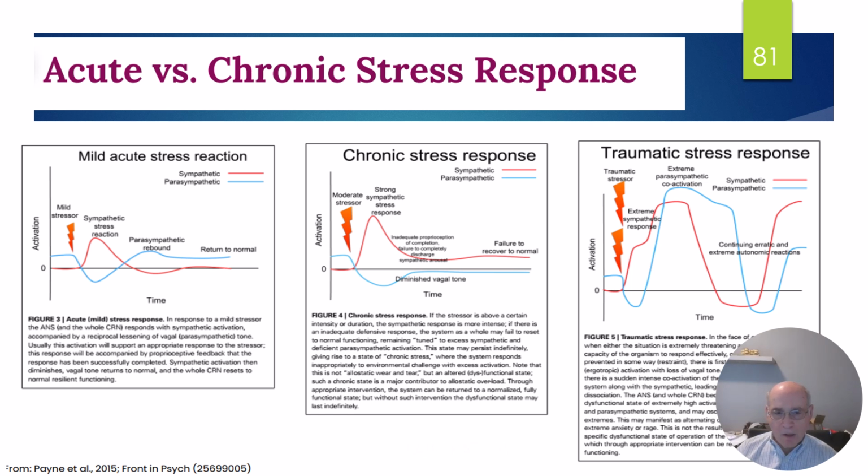Whereas in a chronic stress response, you see the stressor, the cortisol response goes up. There's a strong cortisol or sympathetic nervous response, but there's not enough parasympathetic. You have more gas than brake. And over time, that just really burns out the individual and burns out the ability of the stress response.